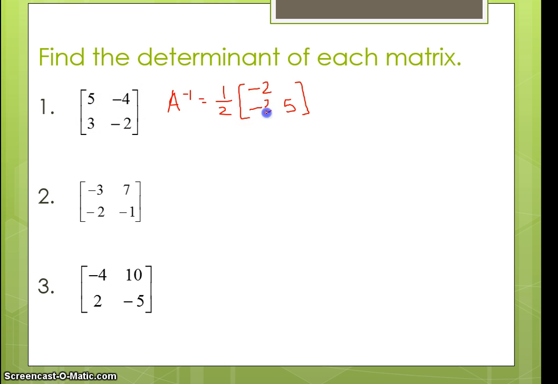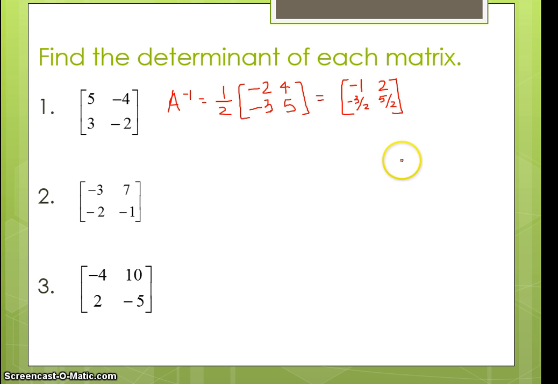So this becomes negative 3 and positive 4. When I multiply 1/2 by that, 1/2 times a negative 2 is a negative 1. 4 times 1/2 is 2. Negative 3 times 1/2 is negative 3/2, or negative 1.5. And then 5 times 1/2 is 5/2, or 2.5.